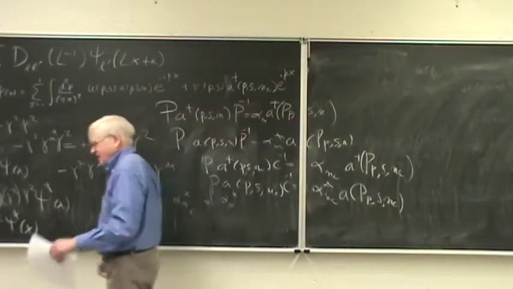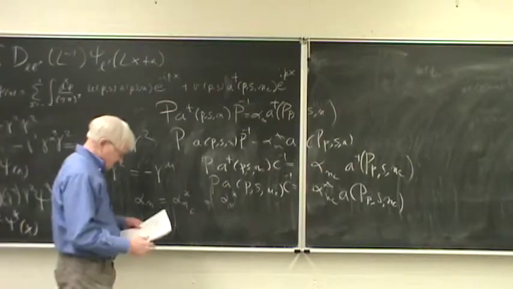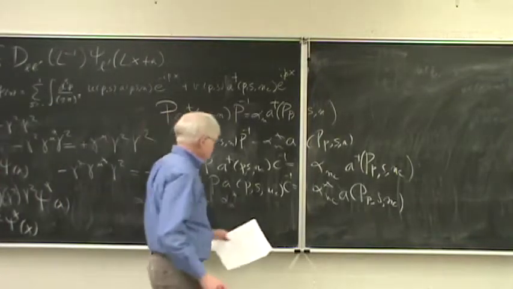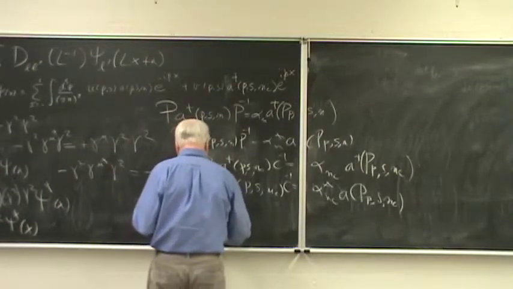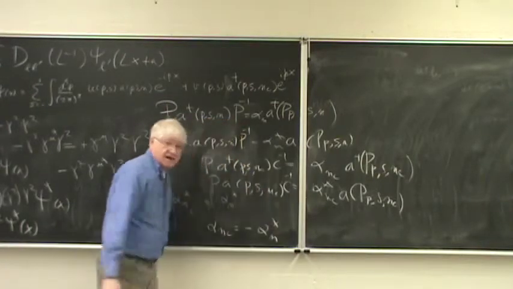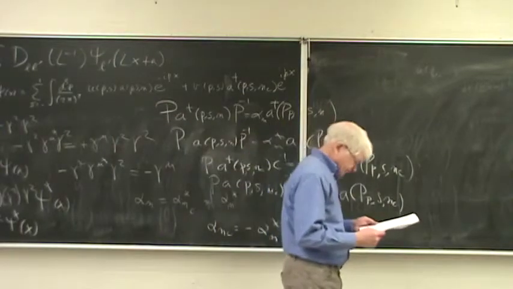Spin doesn't get reflected because spin, of course, is an axial vector, r cross p essentially, so you flip r, you flip p, nothing changes. Now, it will turn out that alpha n^c has to be minus alpha n star in this case. And let me try to show you that.